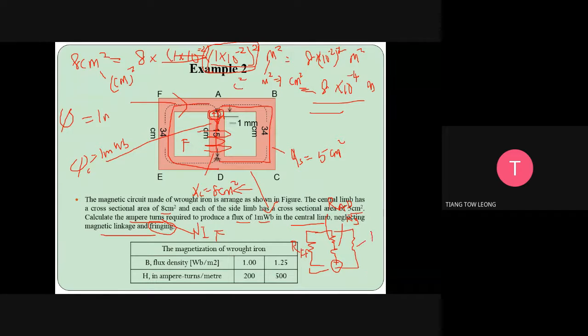Then this is R_AC, sorry, AD, it flows from A to D, so this one is R_AD as well. So when we have the circuit, we can use mesh analysis to solve it, like this. Okay, so go back to this question.